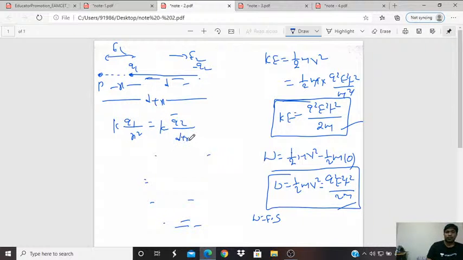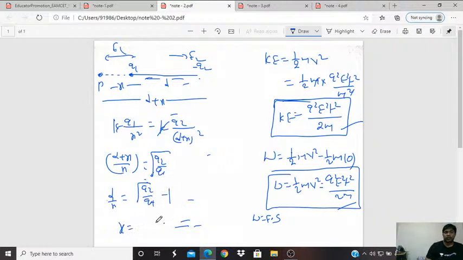D plus X whole square. So D plus X by X whole square equal to Q2 by Q1. So D plus X by X equal to what? Under root of. It will D by X plus 1. So D by X equal to root of Q2 by Q1 minus 1. So X will be what? D by under root of Q2 by Q1 minus 1.